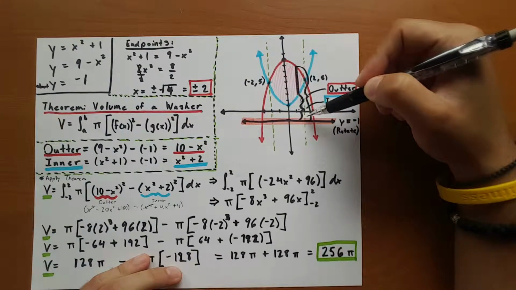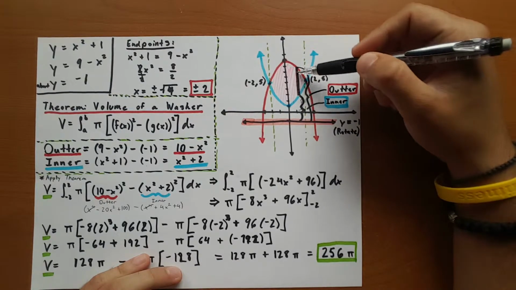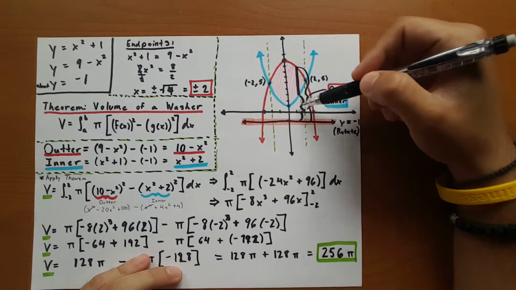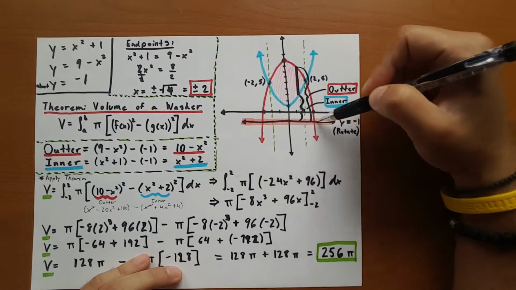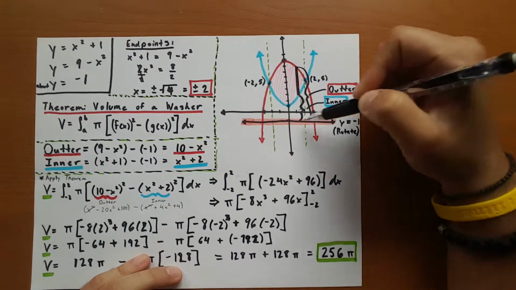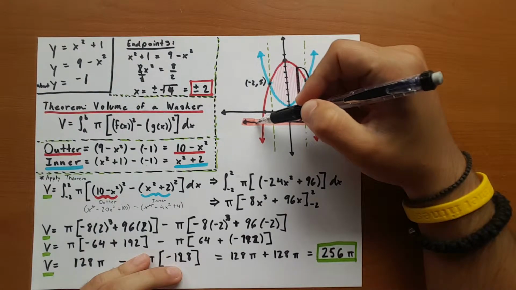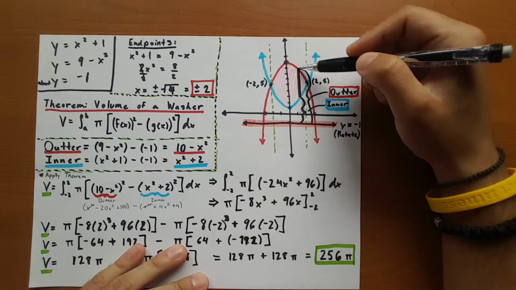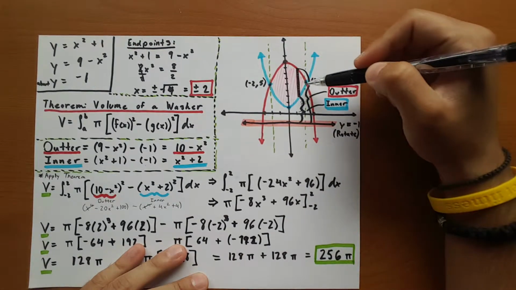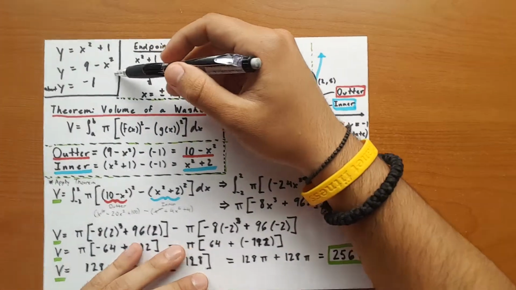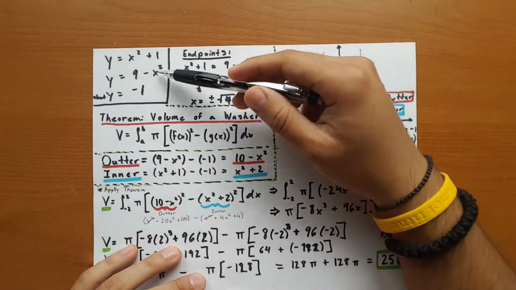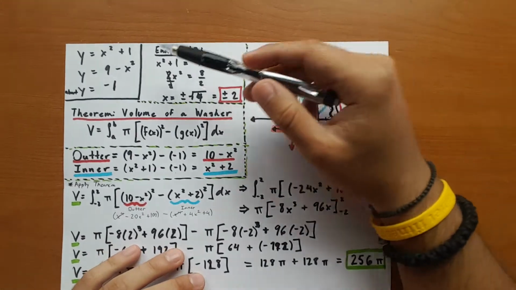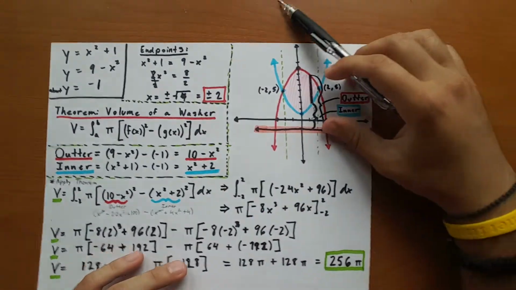I want to make my delta x perpendicular to the rotation line, y equals negative 1. So I want my delta x to be in terms of x, and that's what the two functions are in respect to, they're given in terms of x.